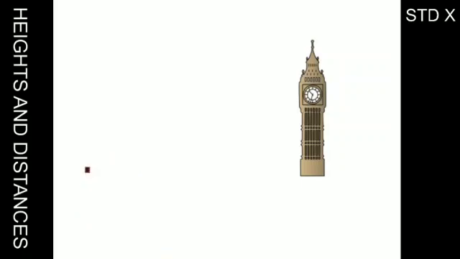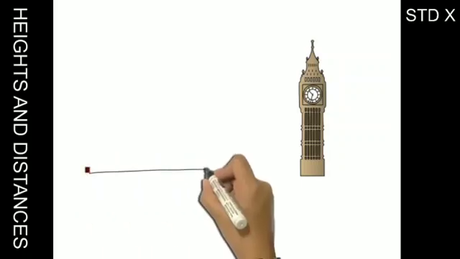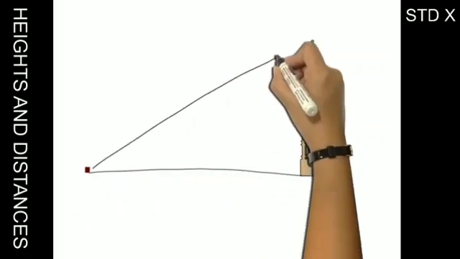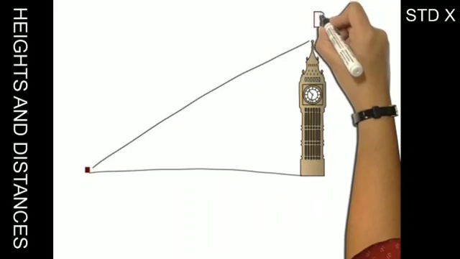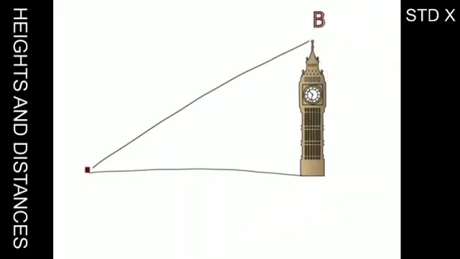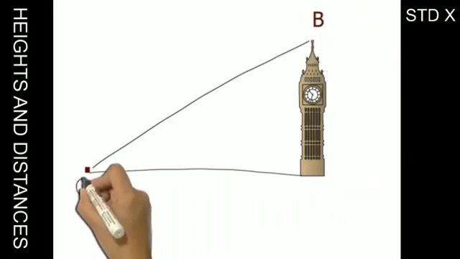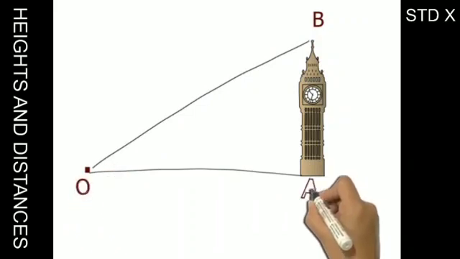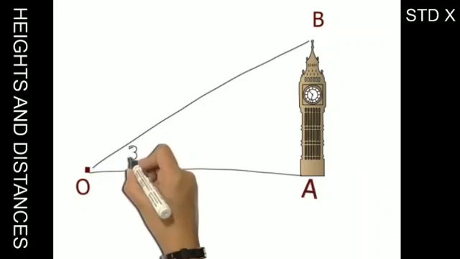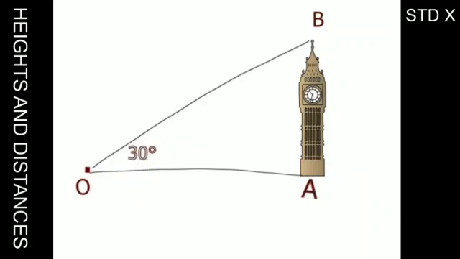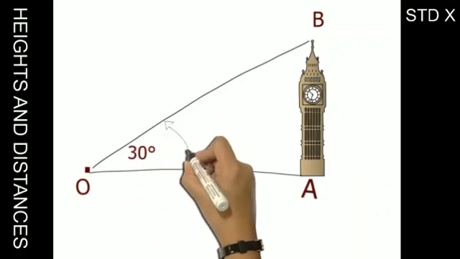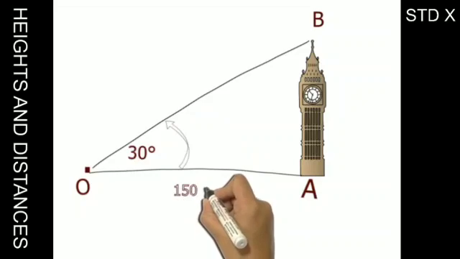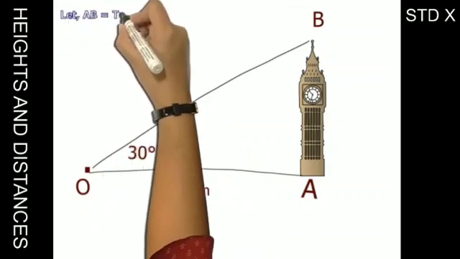Now you see, this is your tower. This point O is the observer. This is the horizontal line, and on top you draw a straight line. See, O, B, A. Which type of angle is AOB? Tell me. Angle of elevation. And in this question, the value is 30 degrees.